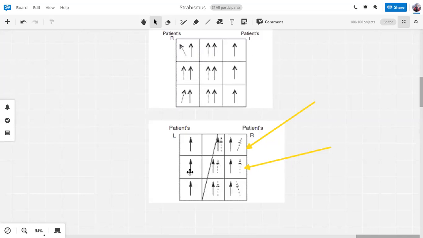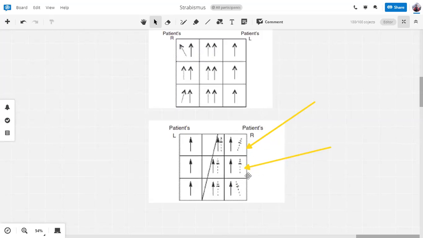So we can see that there was no diplopia on the left horizontal gaze, right? There's only mild diplopia in the center. The diplopia increases on the right side. And we see that it's also affecting the superior gaze on the right side and the inferior gaze on the right side.